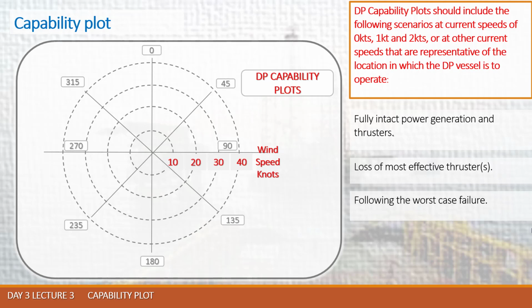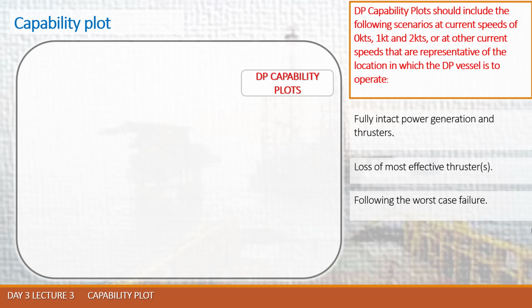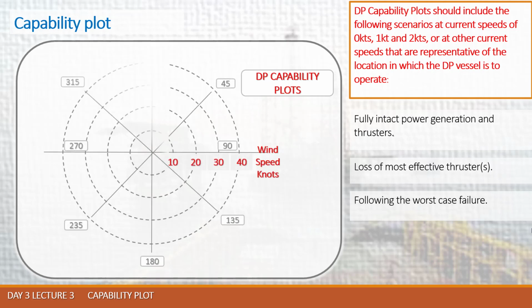In your real life, you may meet different scenarios for different angles of attack for the wind and current. But here on my plot, the wind and current are working from the same side. Let's analyze the graphical diagram that I have in my example.